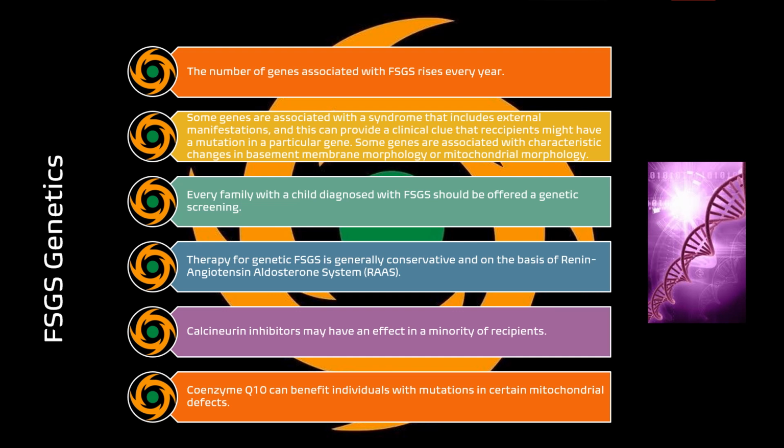Therapy, genetics and the context of therapy. Therapy for genetic FSGS is generally conservative and on the basis of renin aldosterone system antagonism, and calcineurin inhibitors can have an effect in selected recipients with a genetic basis around FSGS.